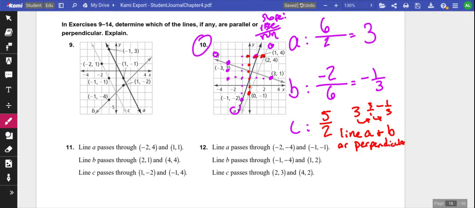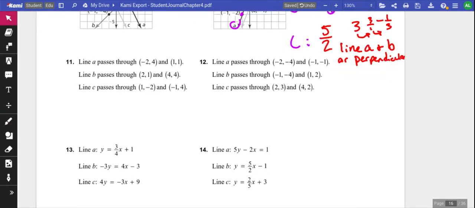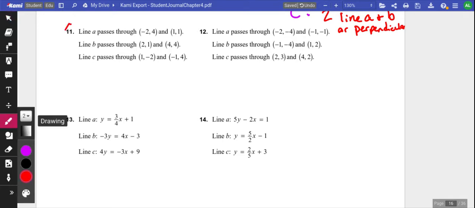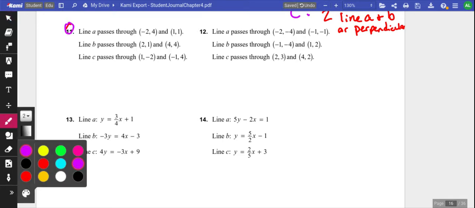Awesome. So we're going to use a similar process in all these other examples, except now we might have to do a little bit more work to figure out what these slopes actually are. Okay, so let's look at number 11. Again, these are really similar to what we did yesterday.